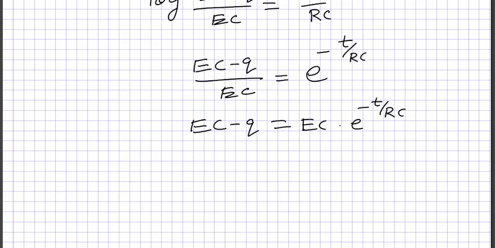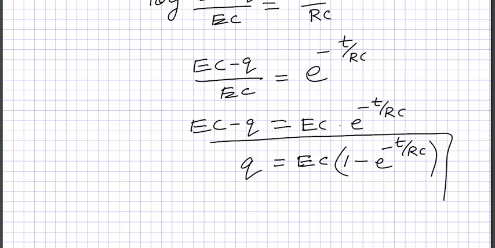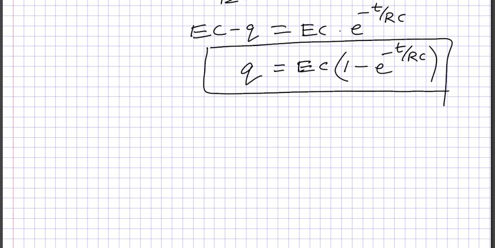So from this we get q is equal to EC into (1 minus e to the power minus t by RC), and this is the equation for the growth of charge on the plates of the capacitor.